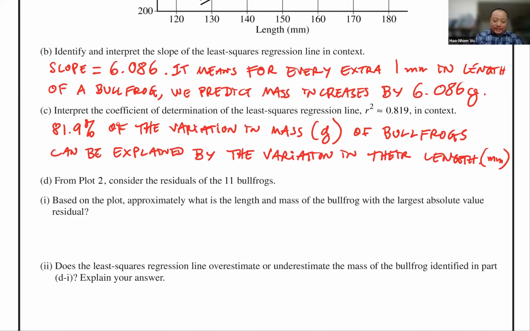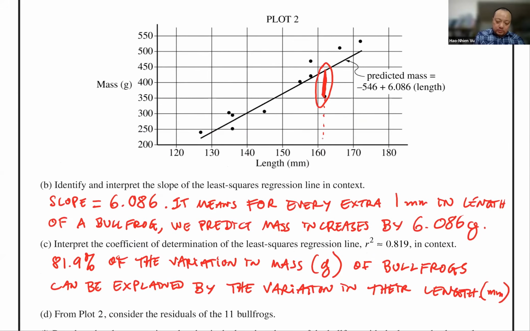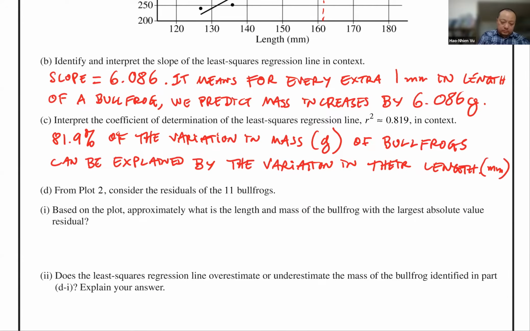And they're asking what is the length and mass of that bullfrog. So the length is here and the mass is there. They want the largest absolute value residual.